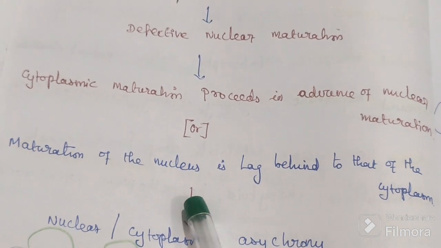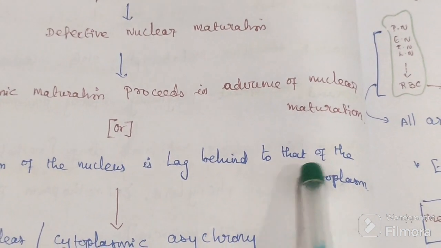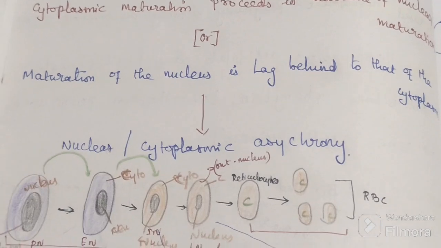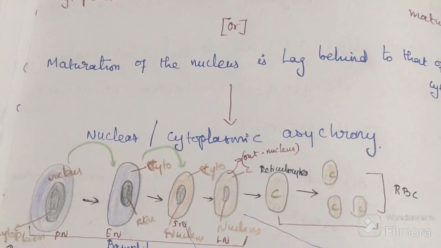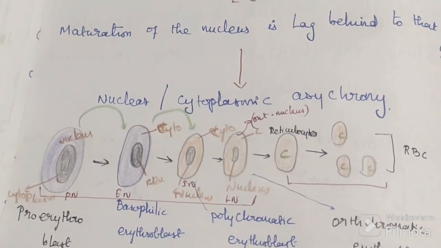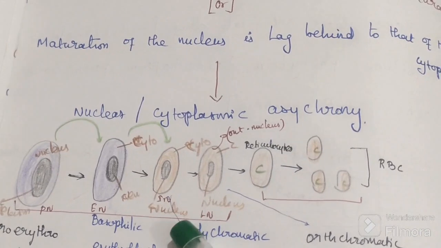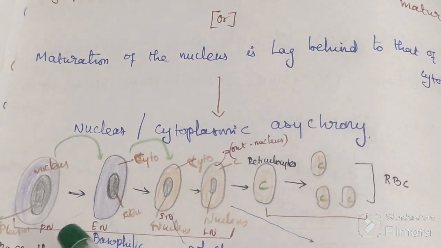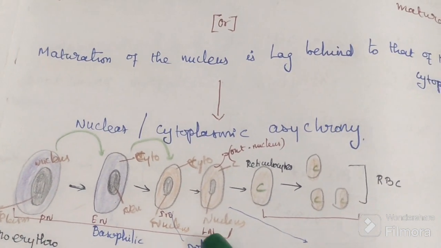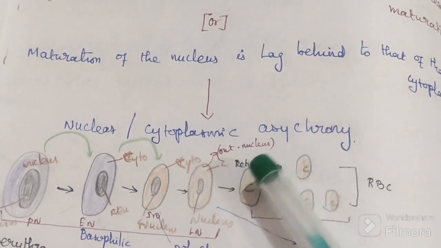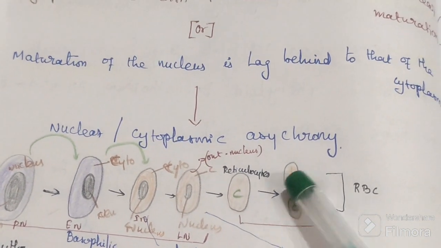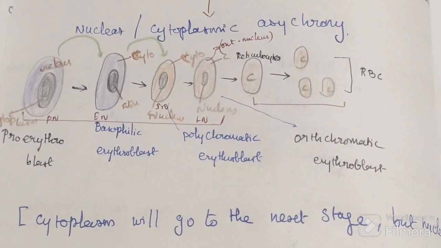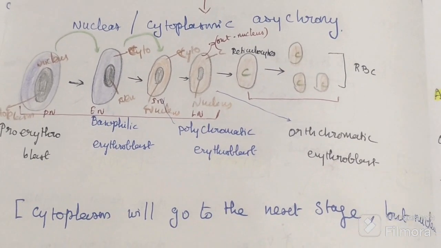So here the maturation of the nucleus lags behind that of the cytoplasm. This is nuclear-cytoplasmic asynchrony. Here we have the normoblast series: proerythroblast, early normoblast, intermediate normoblast, late normoblast, reticulocyte, and RBC. In the first steps we have the nucleus; in the late stage the nucleus is extruded and only cytoplasm is present, nucleus absent. In deficiency, the cytoplasm goes to the next stage, but the nucleus remains in the previous stage.